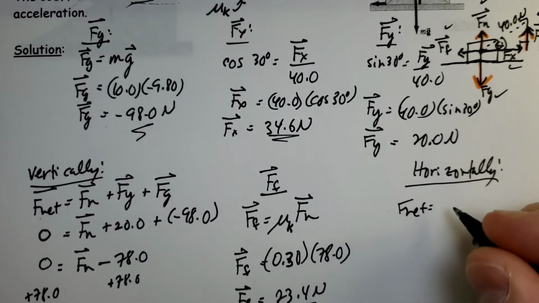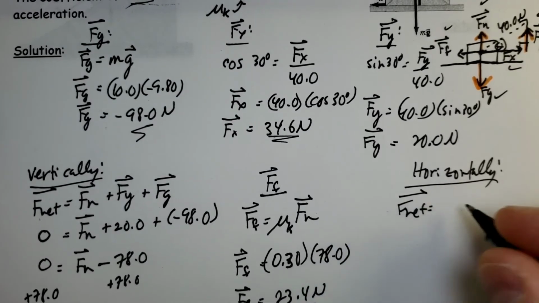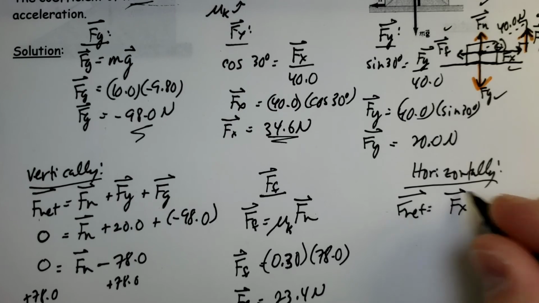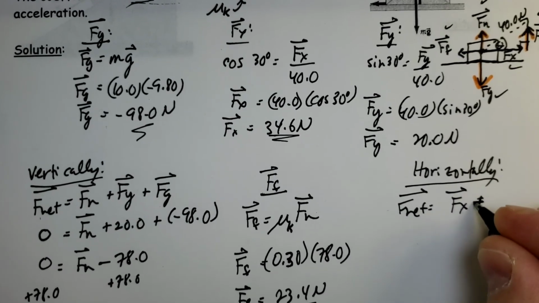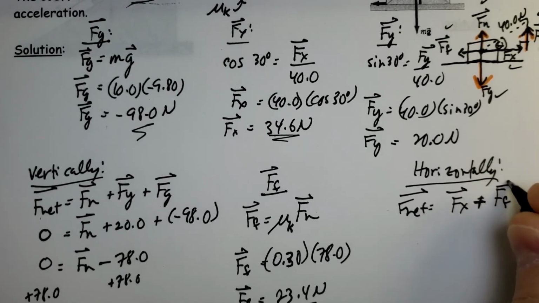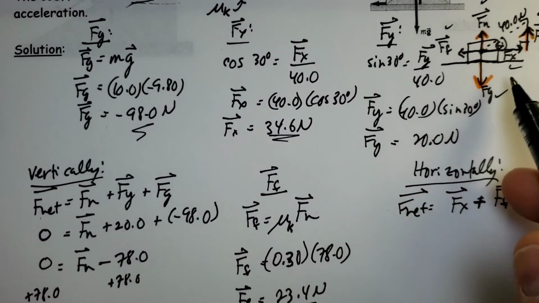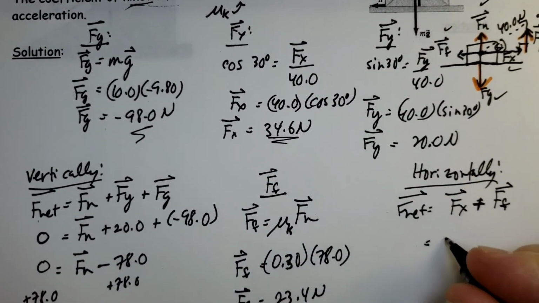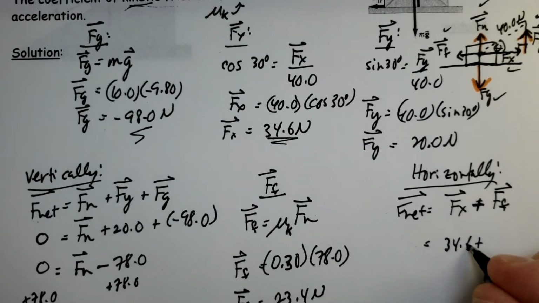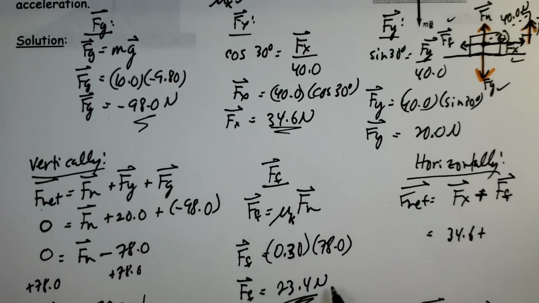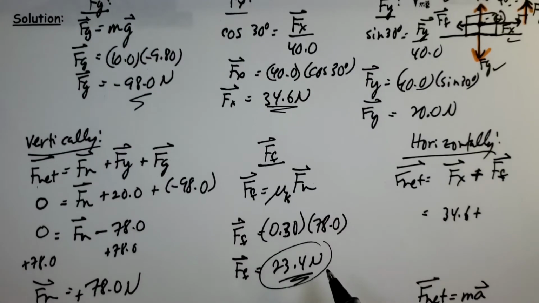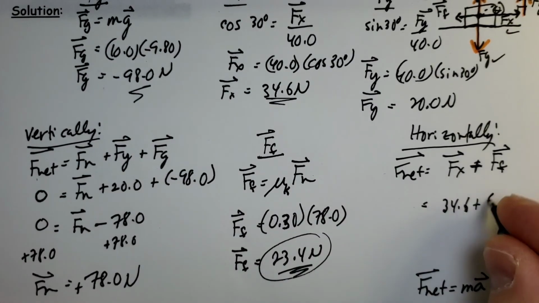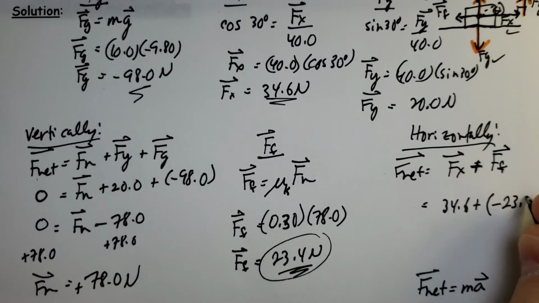So F net, my horizontal forces include Fx and Ff. And this time I will be accelerating because my Fx force is 34.6. My friction force, be careful here. It's 23.4 newtons, but of course it's working against us. So we have to put in a negative there.